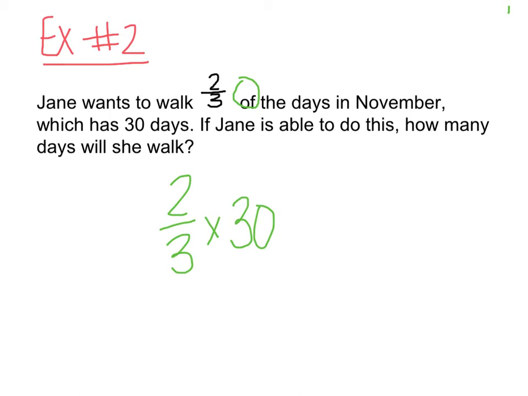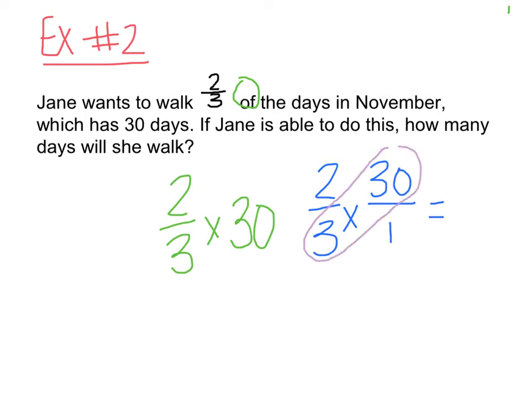So remember, when you have a whole number, you put it over 1. So I would have 2/3 times 30 over 1. And now I can multiply across, or I'm going to show you a trick that's going to make multiplying a little bit easier. What you do is you look across.